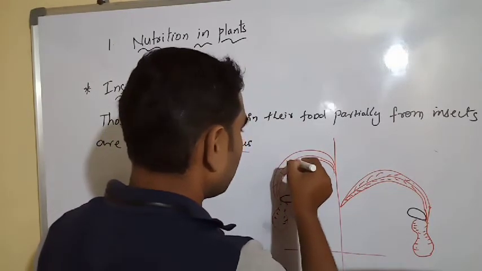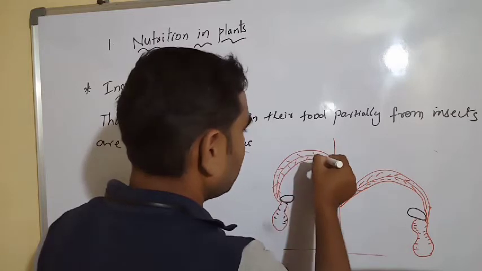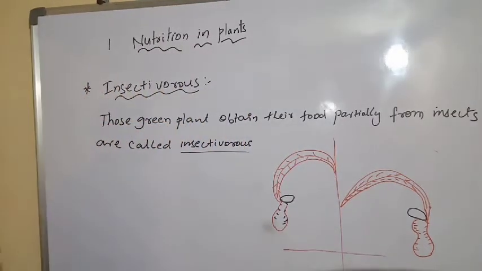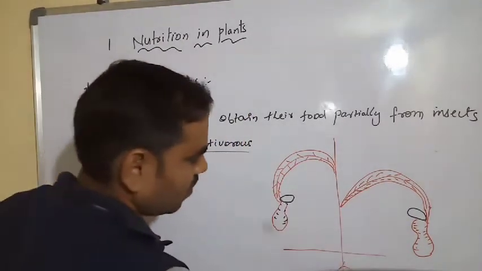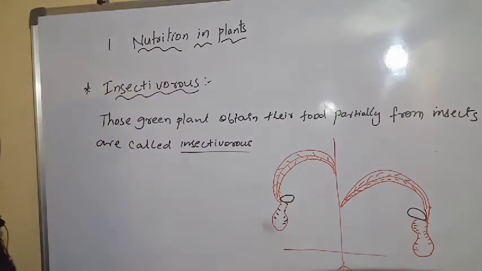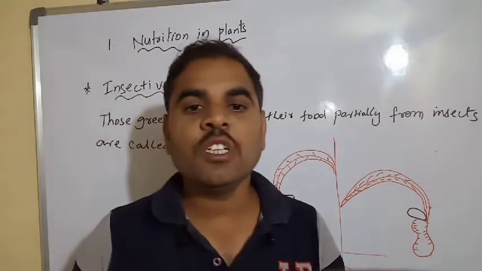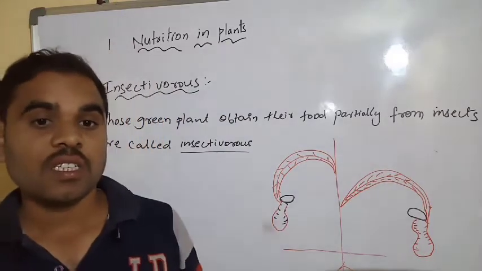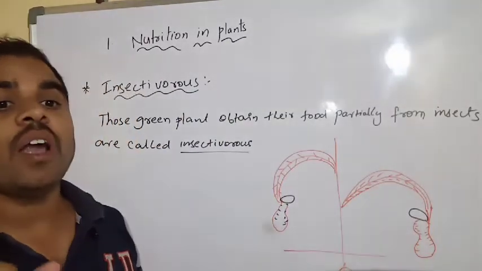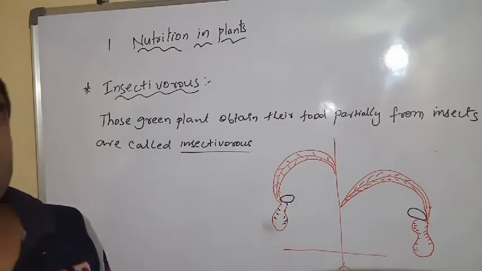This insectivorous plant grows in soil which does not contain sufficient nitrogen.